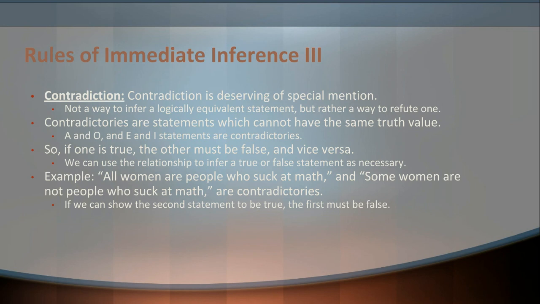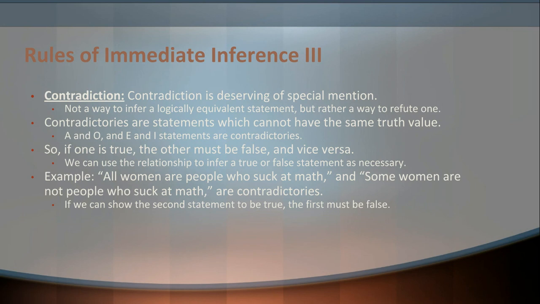For example, take the statement, all women are people who suck at math. This statement and its opposite on the square, some women are not people who suck at math. These two things are contradictories. If it's true that all women are people who suck at math, well, then there can't be any women who don't suck at it, and vice versa.